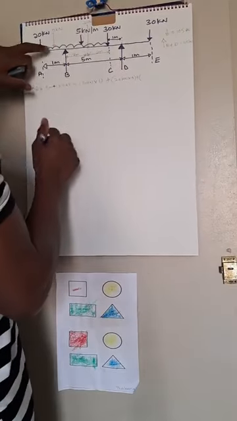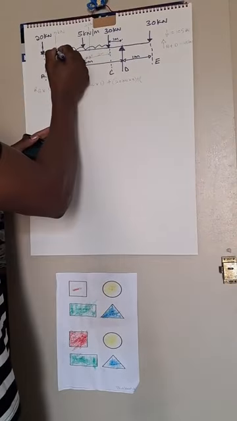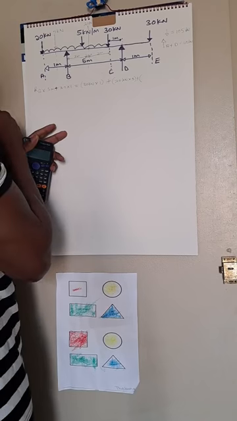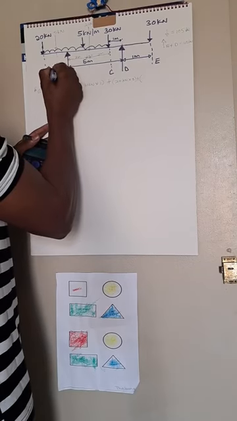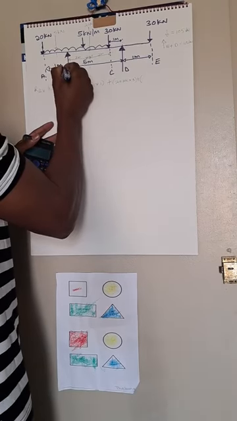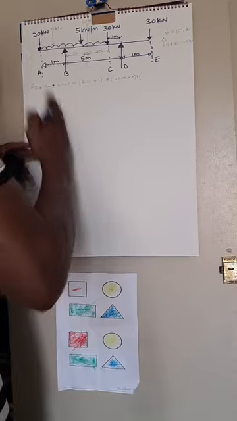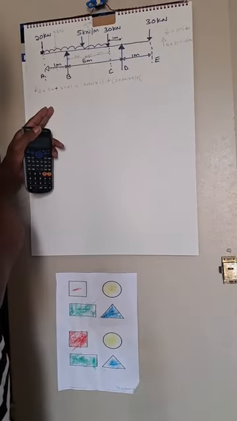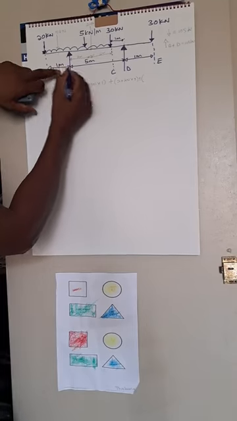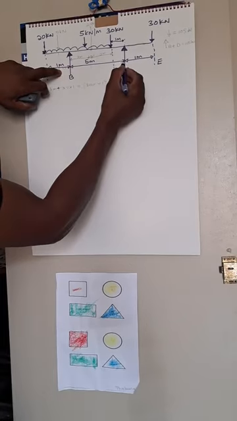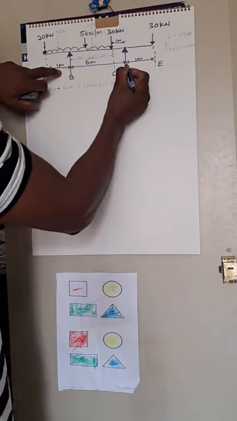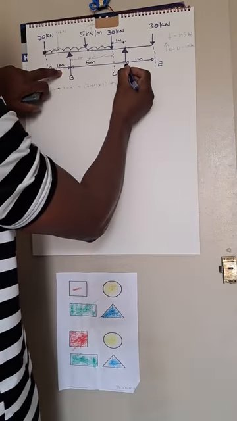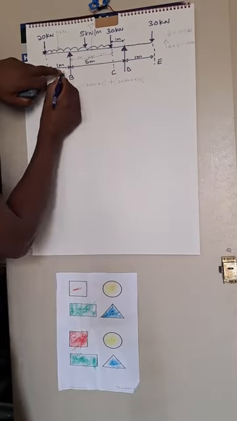Plus, let's go to 5 kilonewtons. The 5 kilonewtons, once again, is also cutting that 1 meter into half. So this becomes 0.5. This also becomes 0.5. Remember, we position our UDL at the middle of the given distance. So from this point to this point, we already said from here to this point, it's 5 meters, plus the 0.5.